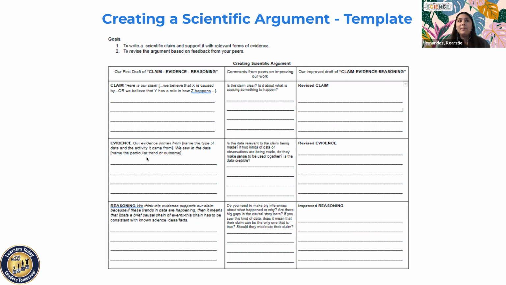So your claim, your evidence, your reasoning, and then this allows for peer feedback, which gets us into ASTP4, that critiquing part. Now they're critiquing scientific arguments. Is the claim clear? Is it about what is causing something to happen? And they get feedback directly next to their CER, which they can go back and on that same sheet, revise.